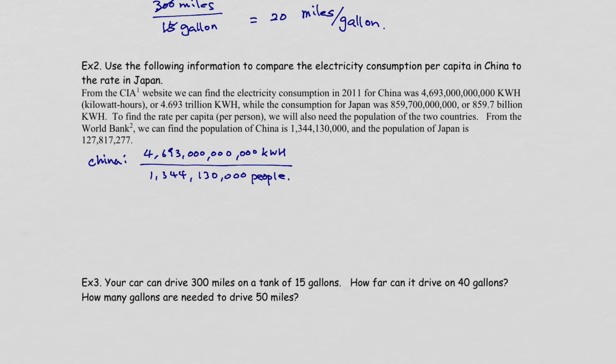And then Japan, it will be 859.7 billion kilowatt hours, and the population. So this is going to be the rate comparing those two countries.